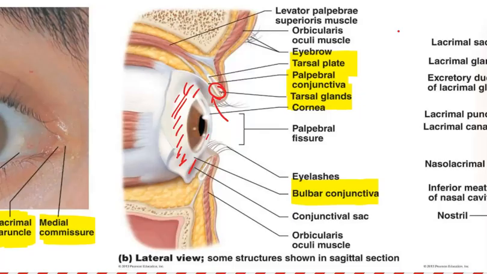And when you insert contact lenses, you insert them essentially in the gap between the bulbar and the palpebral conjunctiva. And that gap is called the conjunctival sac. Anatomists really went to town on the eye, naming each and every structure in it.